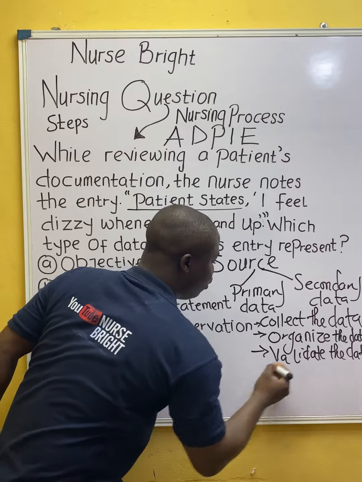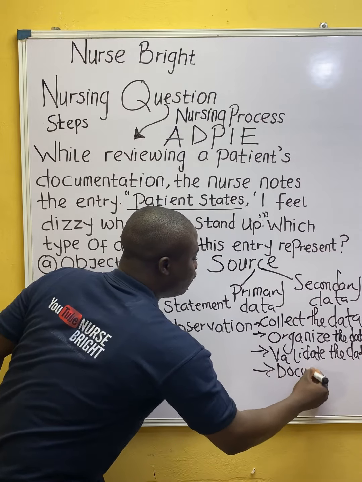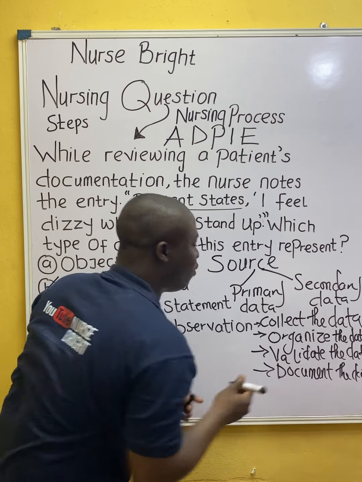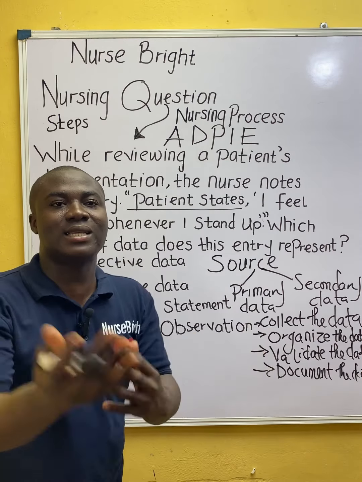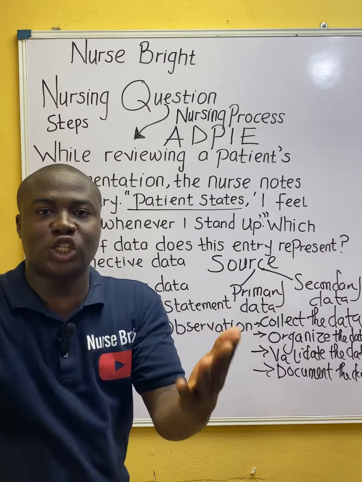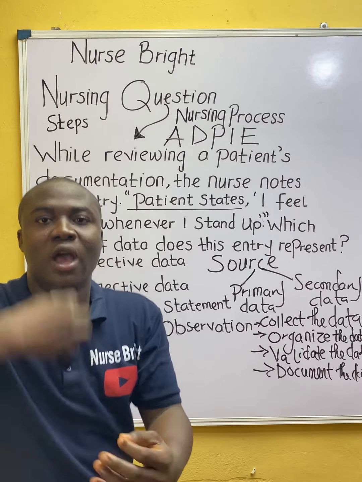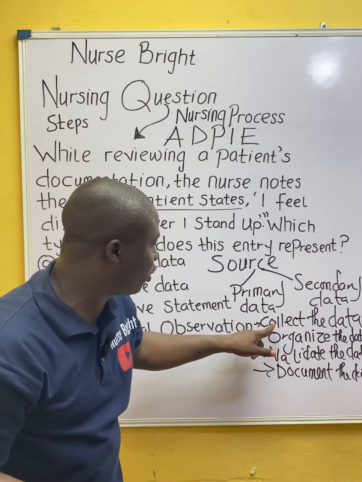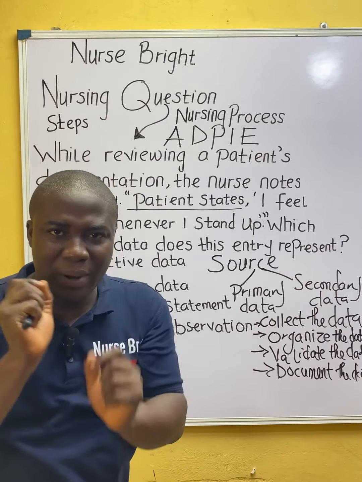And lastly, you document the data. So these are the steps in data collection. Now, let me explain what I mean by this. In collecting data, this is done through maybe observation, vital sign observation, physical exam observation, through interviews. This is the process of collecting data.